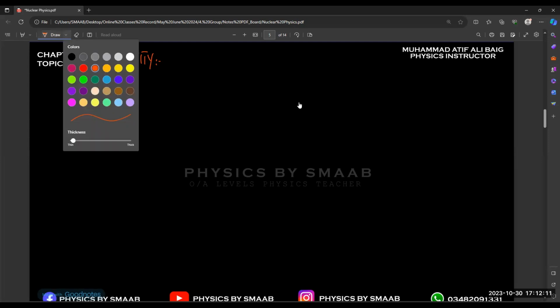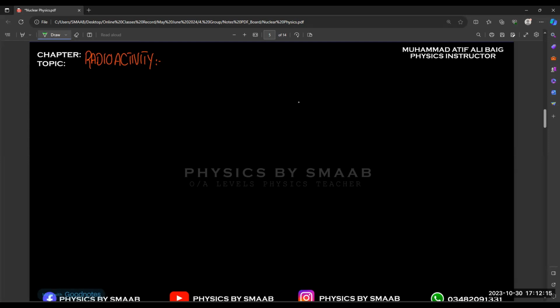We will also discuss any special effects of radiation in the definition and concept of radioactivity. So first of all, if we explain the basic idea of radioactivity, we can explain it like this: the phenomenon of emission of radioactive radiations from the nucleus of an atom.